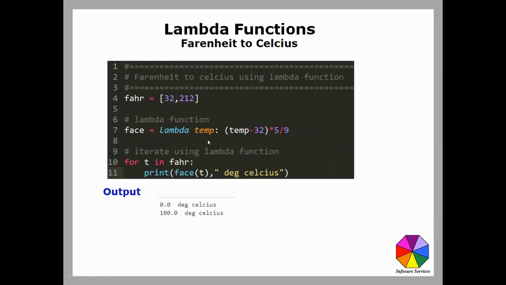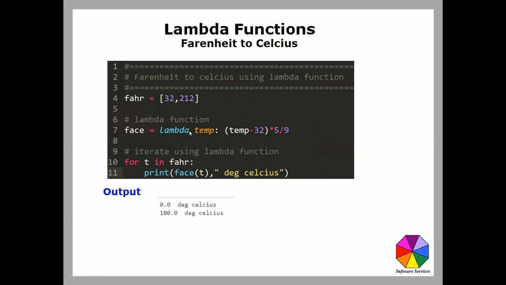Now, lambda functions are functions created on the fly. That means I don't have the time and have not thought about creating that function explicitly. We want to create the function right there at that point in the code. That's done with the keyword called lambda.